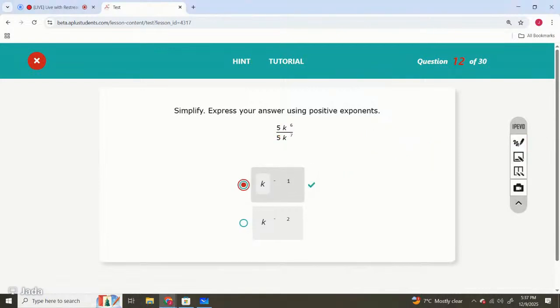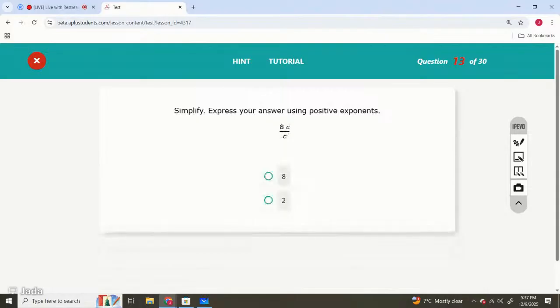The correct option is k exponent negative 1. 8c divided by c, which is the correct option? Yes, that is 8.